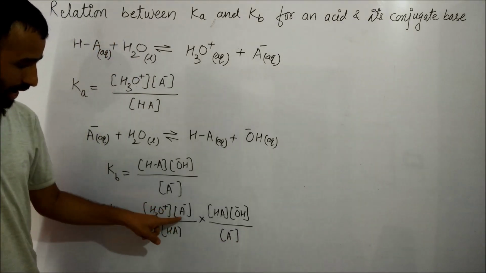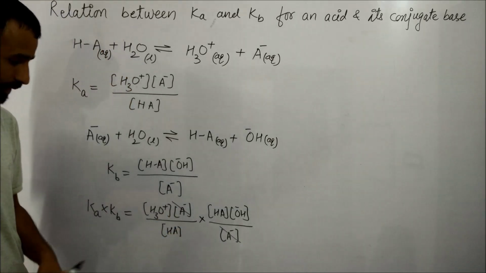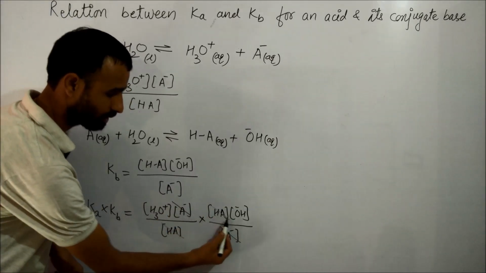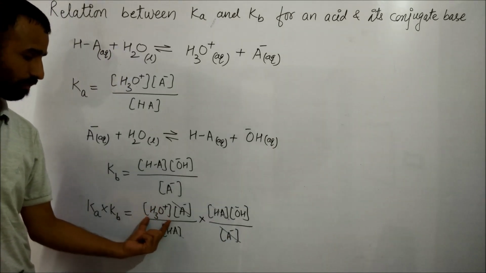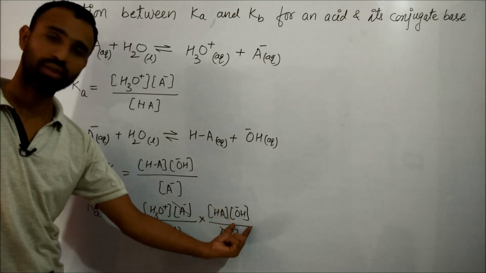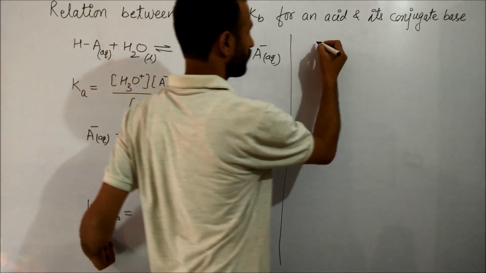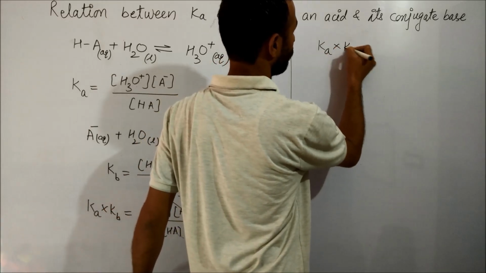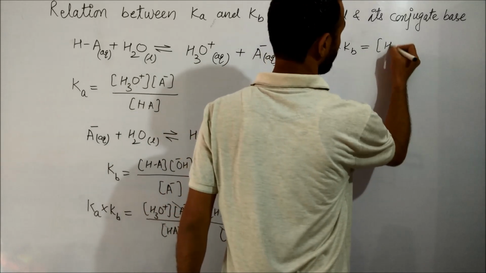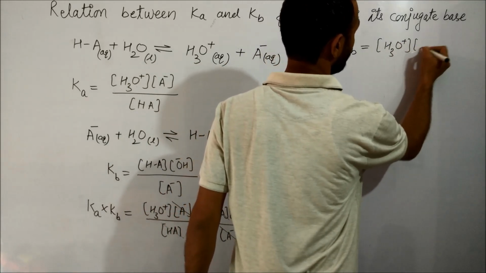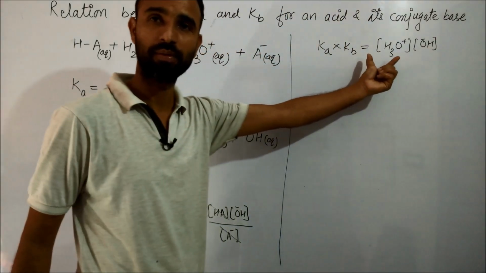Now A- is cancelled by A-, HA cancelled by HA. What is left? H3O+ and OH-. So this equation, Ka into Kb, is equal to H3O+ ion concentration into OH- concentration, and what is this?